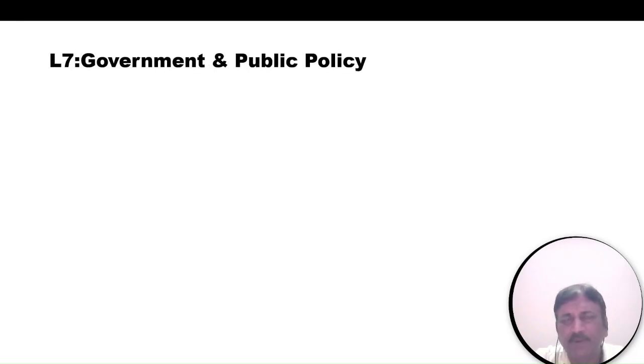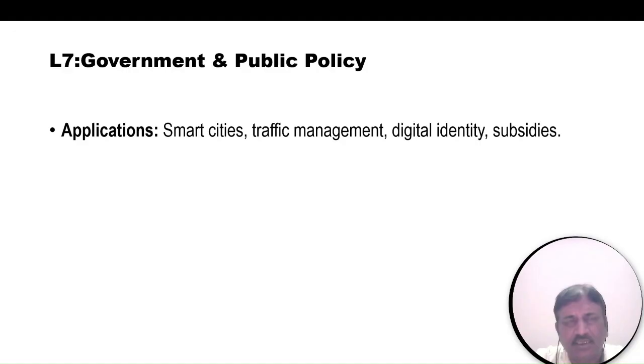Government and public policy. Government is also using data analytics extensively, right? The applications are like smart cities and traffic management, because all this data is now available with the government. They can manage the traffic well and change signal timing. Nowadays there are signals responsive to the traffic.